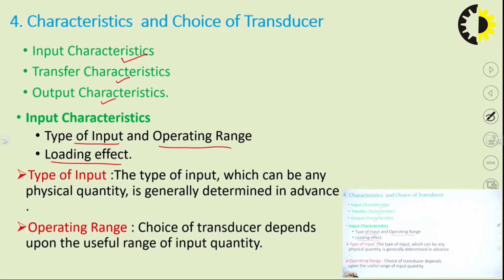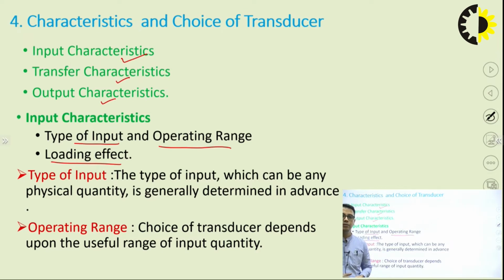So the first characteristic under input characteristics is the type of input. Obviously we should know for what type of input we are going to use our transducer. Like if we are going to measure temperature using a transducer, we should know that our input is temperature.